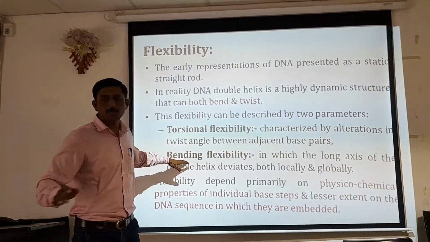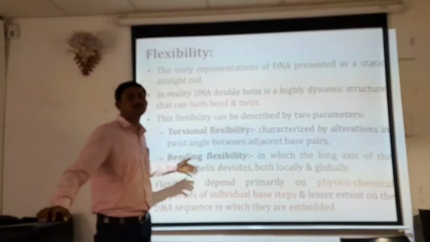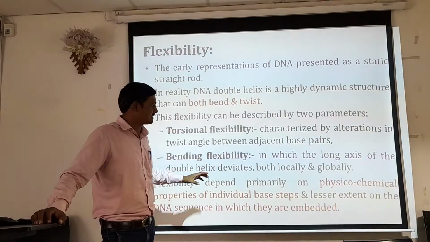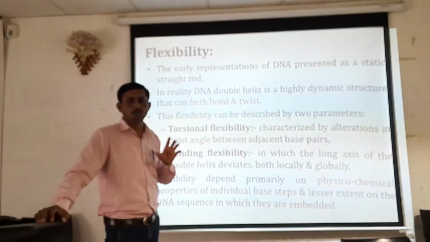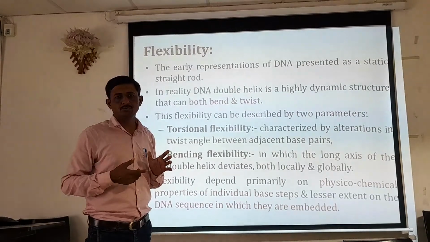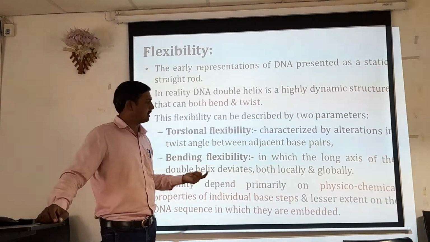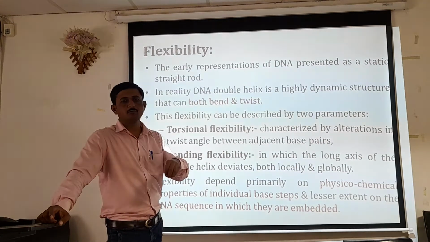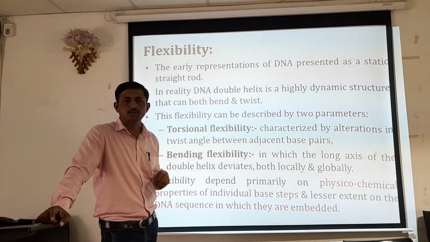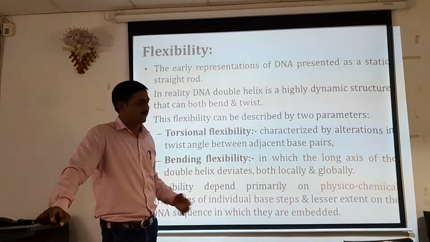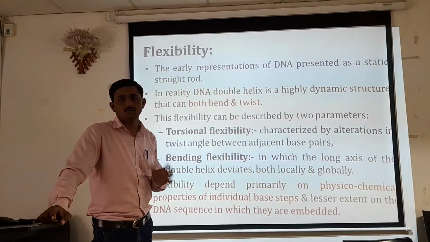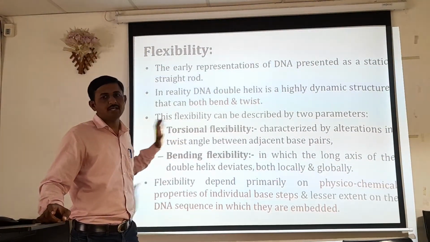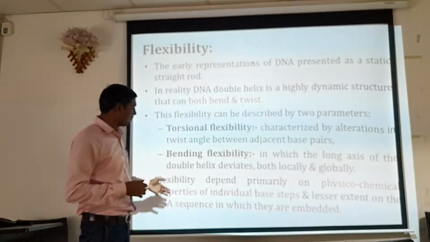So if you apply bending, they can deviate from the central axis both locally and globally. Throughout the DNA sequence, whatever it may be, they can deviate, or at the particular position where pressure is applied, there it shows the bending flexibility of that DNA.